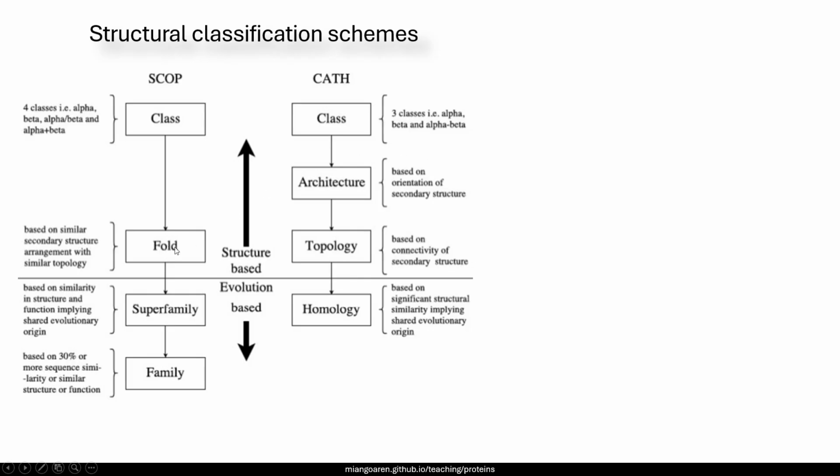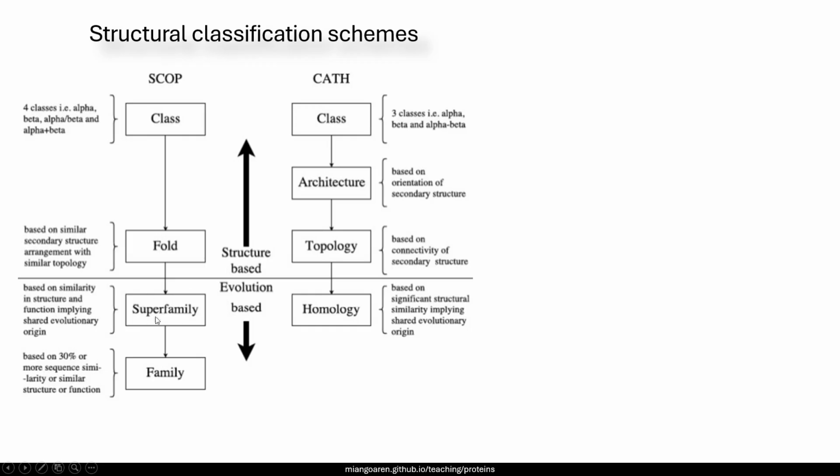Now we have a third category that is equivalent in both databases. In the SCOP classification, it is known as fold, and in the CATH classification, it is known as topology. But in plain terms, they are similar, given that they both consider the connectivity between elements of secondary structure.